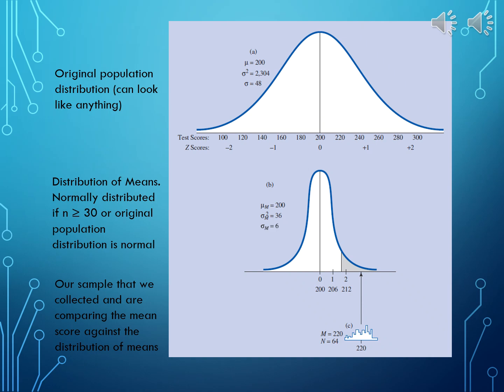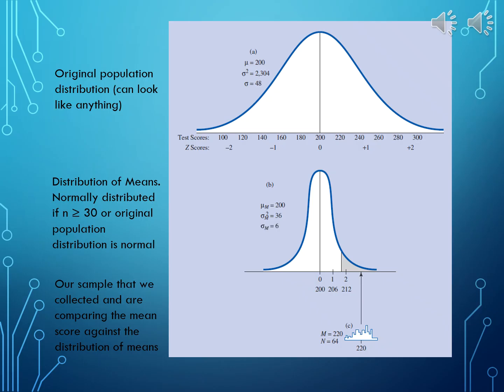It's a really high sample mean compared to the entire distribution of means. It's in that little tiny tail on the right side. And you can see based on the z-scores that it's above 2 standard deviations above the mean for that distribution of means. The mean of the distribution of means is 200, so 220 is quite high.